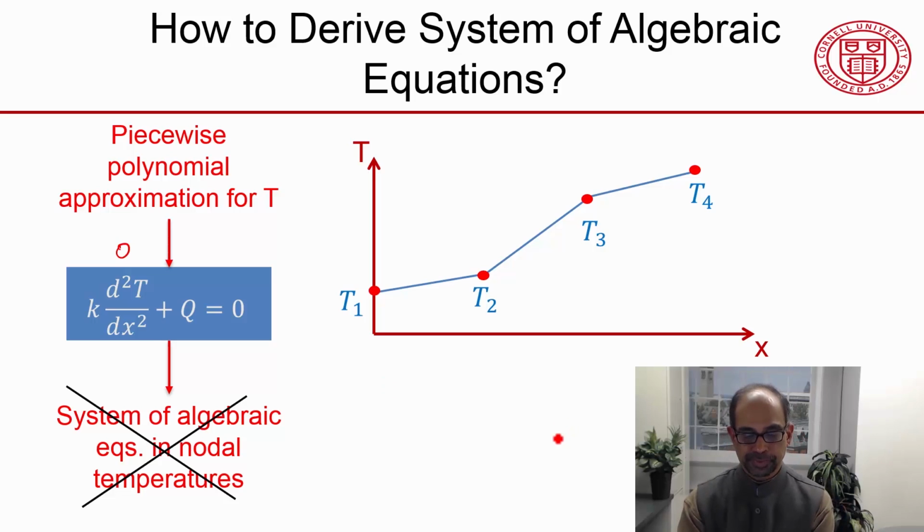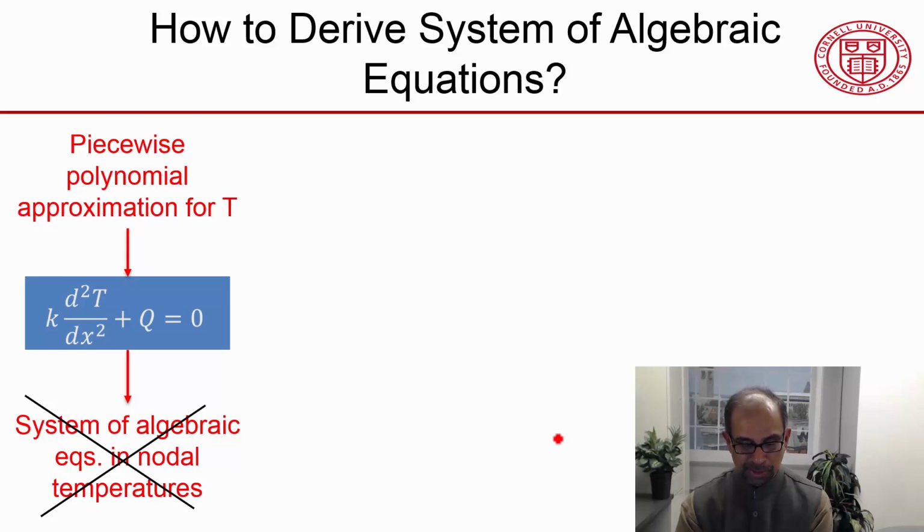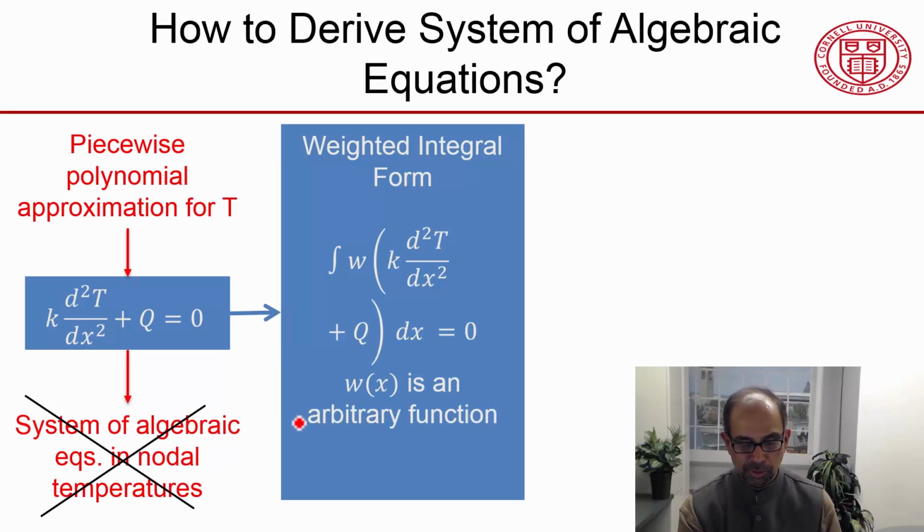So what do I do? Here's what people have figured out. Okay, so you know that this approach doesn't work. So what you do is you go from the differential form to a weighted integral form. So this over here is our differential equation.